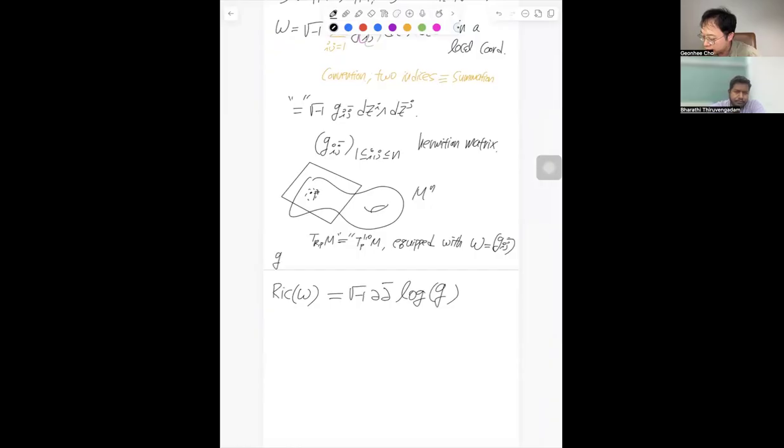Time to time we write this g as a Riemannian metric. So this just means g_{i j bar} and take the summation. So this is just the Riemannian metric. Of course, here we use the local coordinate.